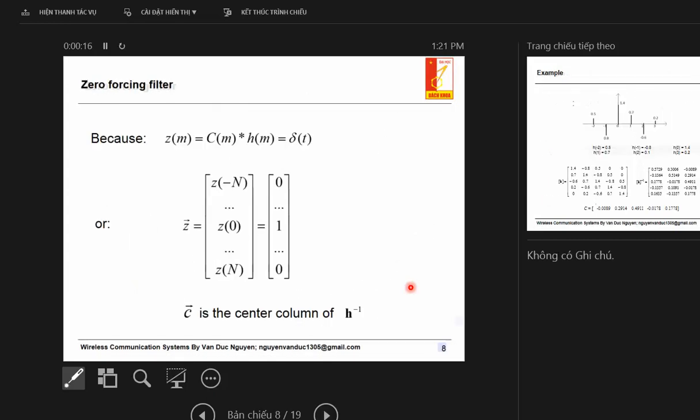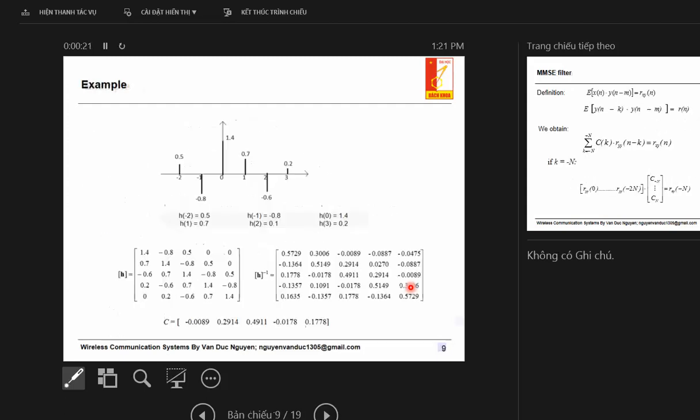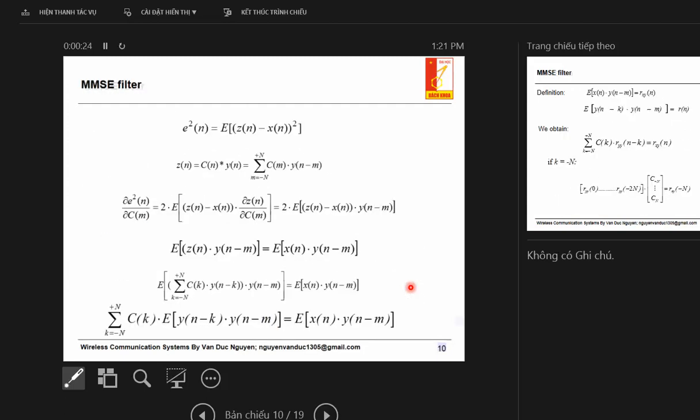Okay, now I continue with the minimum mean square filter. That is the MMSE, that is minimum mean square error.